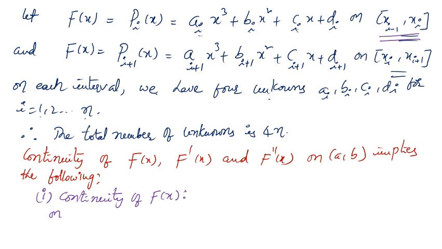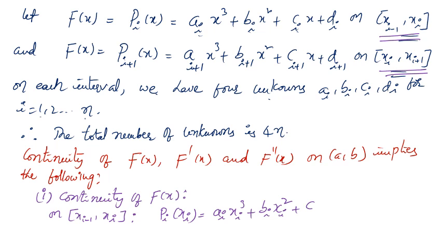One is xi minus 1 to xi, another one is xi to xi plus 1. So on xi minus 1 comma xi, what is pi of xi? Pi of xi is equal to ai xi cube plus bi xi square plus ci xi plus di. Next, on the interval xi to xi plus 1, what is this? Pi plus 1 of xi only, the point.